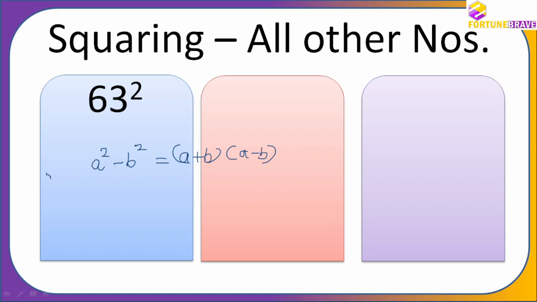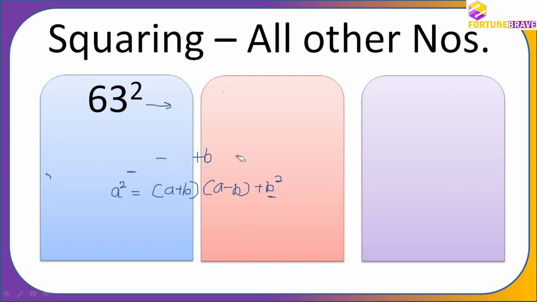Now what I'm going to do is I'm going to use this one. a square is equal to (a plus b) into (a minus b) plus b square, because this b comes to this side. Therefore, I'm going to make it plus b square. This is what will happen here. You can see it in front of your eyes. So we are going to use this method now. Remember this method. I am going to do it for you now.